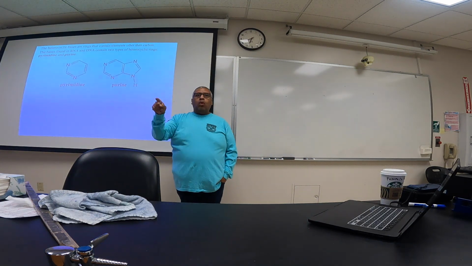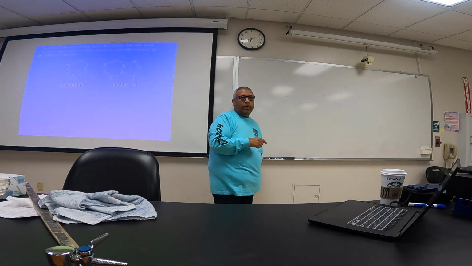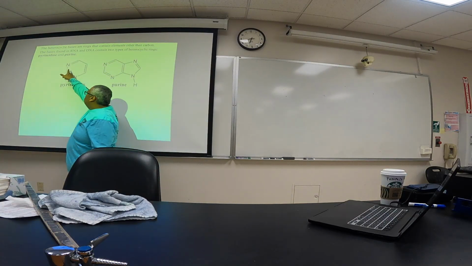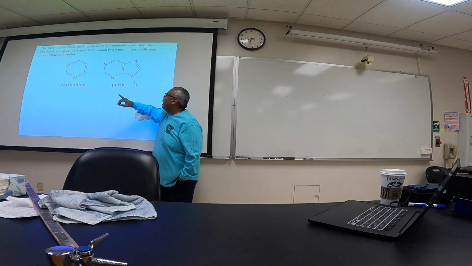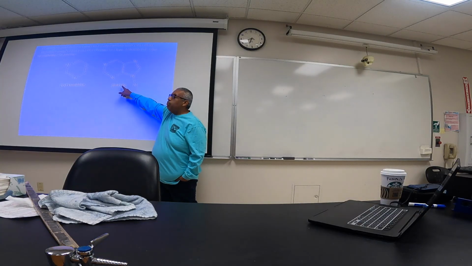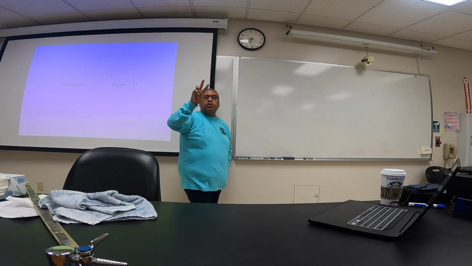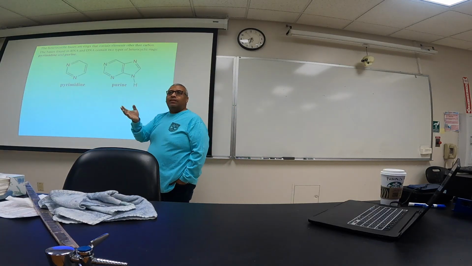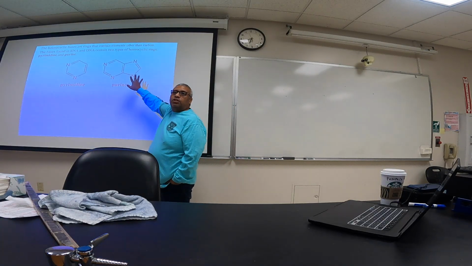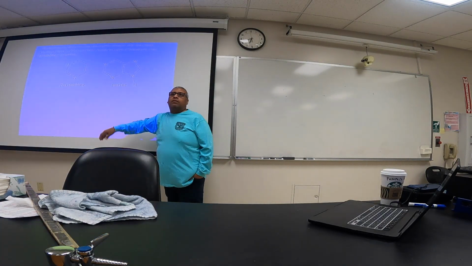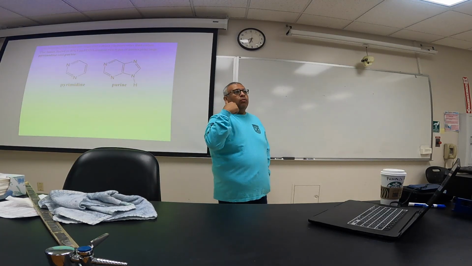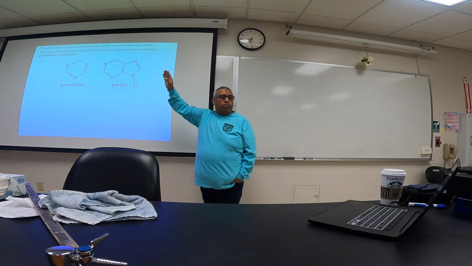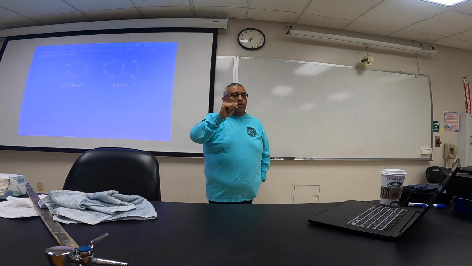Pyrimidine is one cyclic ring that does contain nitrogen, and purines contain two cyclic rings. So those are two types of bases. Again, that's not the name of the base. So purines, two cyclic rings, and then our pyrimidine, one cyclic ring.